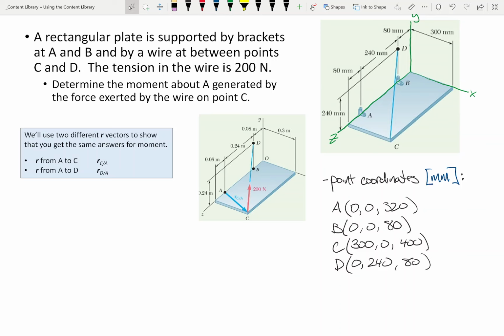Okay. In order to do some cross products, we're going to essentially need three vectors. We're going to need a force vector, but we're also going to need these two position vectors. Let's do the position vectors first. We're going to have one position vector that goes from A to C, because remember, A is our point of interest, and it's got to start at our point of interest and go to the line of action. So we'll do this one, then we'll do another one that goes from A to D. Does that make sense?